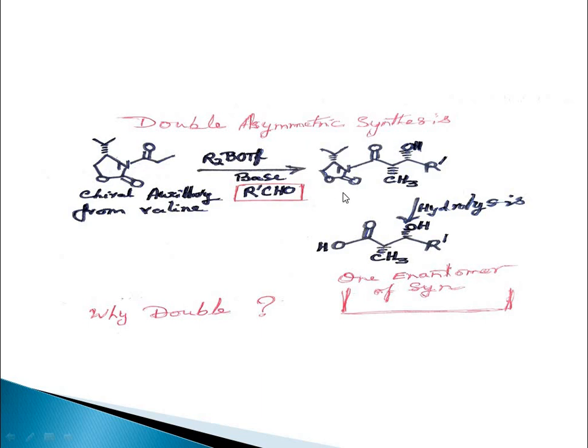So what will happen? This chiral auxiliary again is just guiding. It will attach in such a way from one side that it creates a hindrance. On creating a hindrance, what will happen?